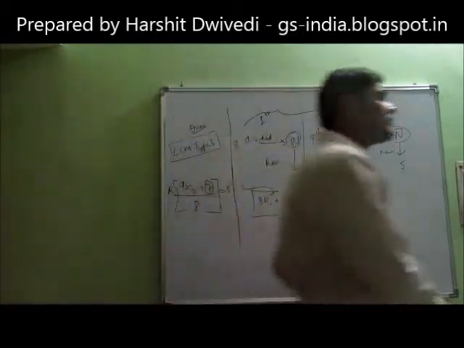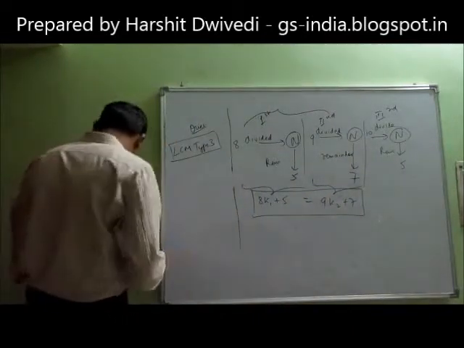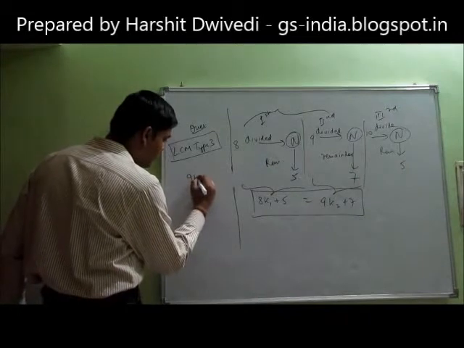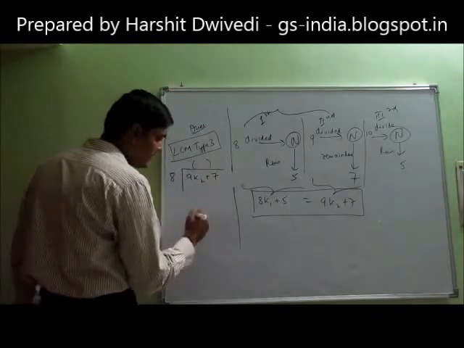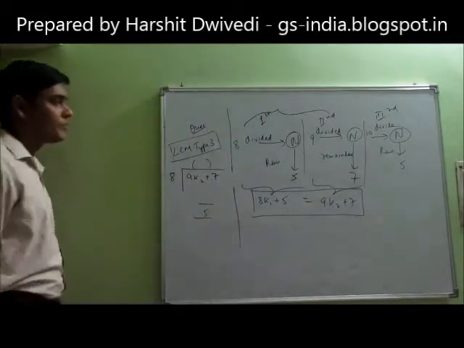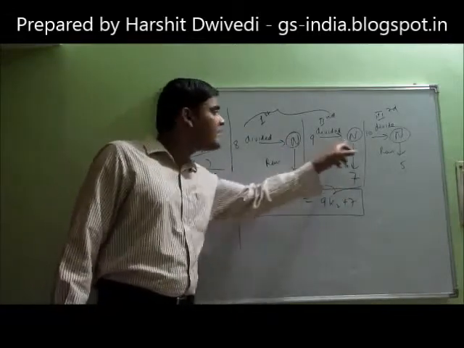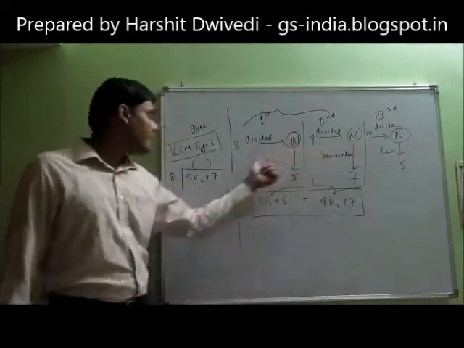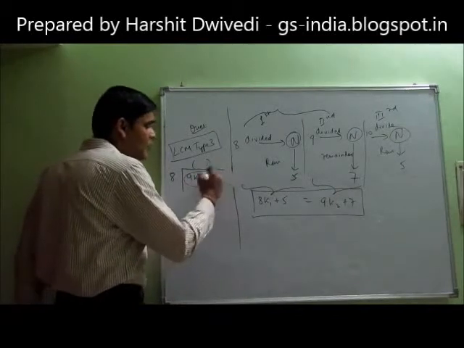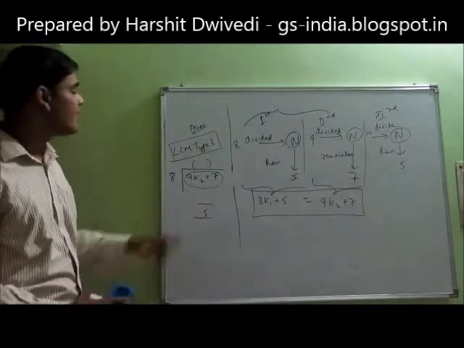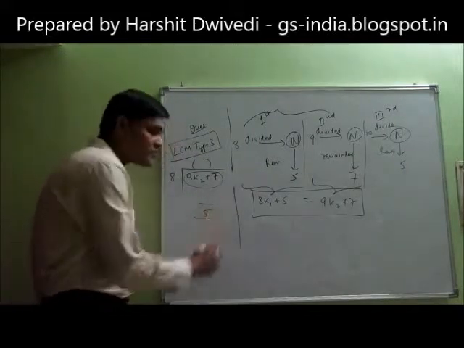So the point here is that if I divide this 9k2 plus 7 by 8, the remainder will be 5, because this is the same n. What this means is that when I try to divide these 9k2 plus 7 quantities into groups of 8, I get 5 quantities extra.